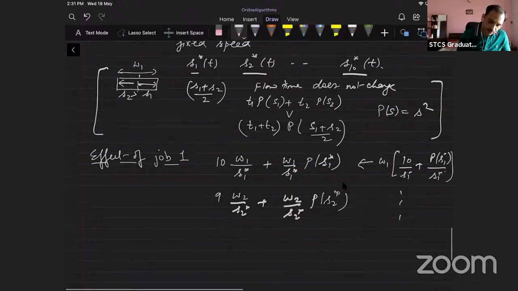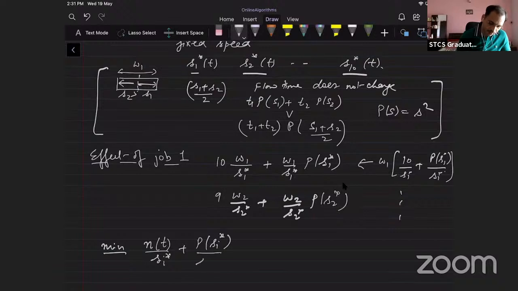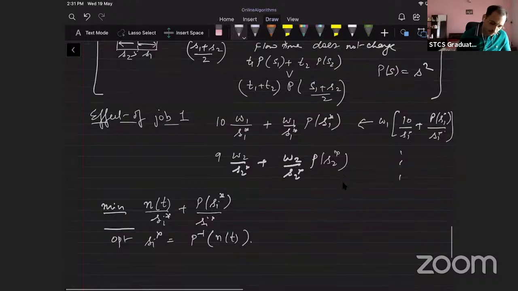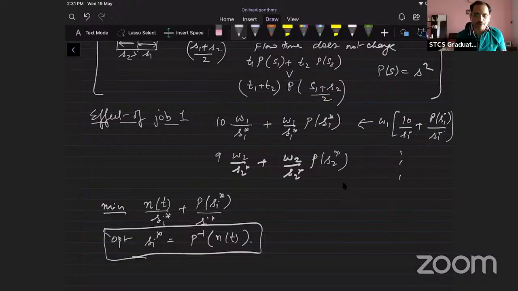If you have noticed, minimizing, in particular 10 is N of T, N of T by Si star plus P of Si star over Si star, the optimal Si star is going to be P inverse of N of T. So in the setting when all jobs are available at time 0, it's not very difficult to find the optimal speed.